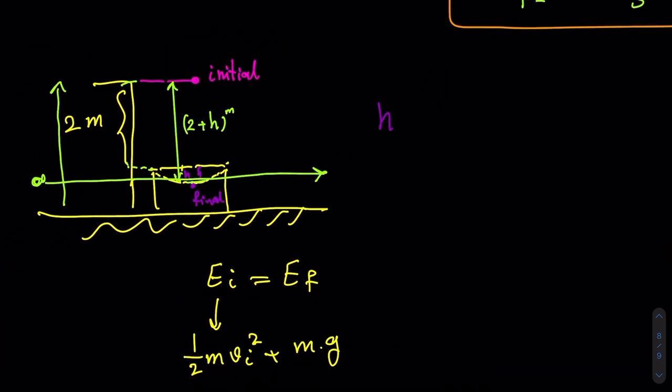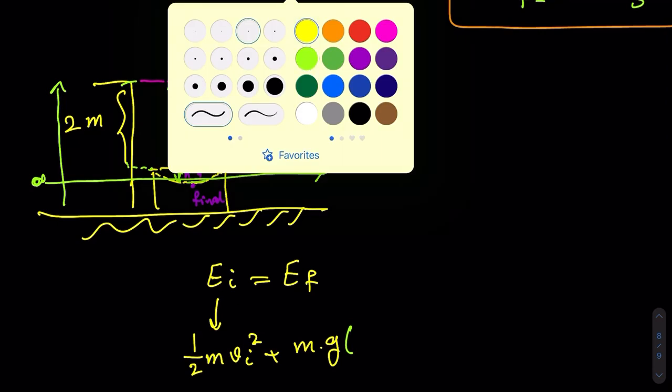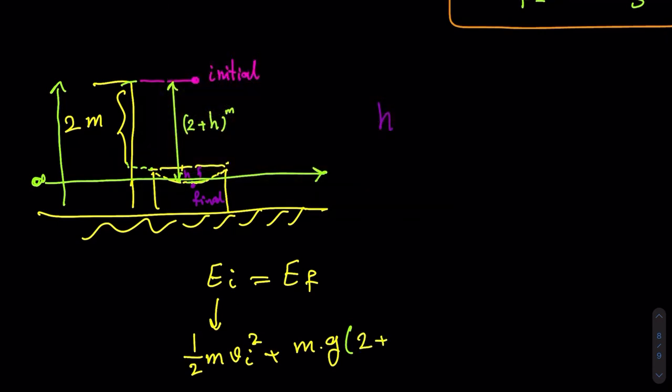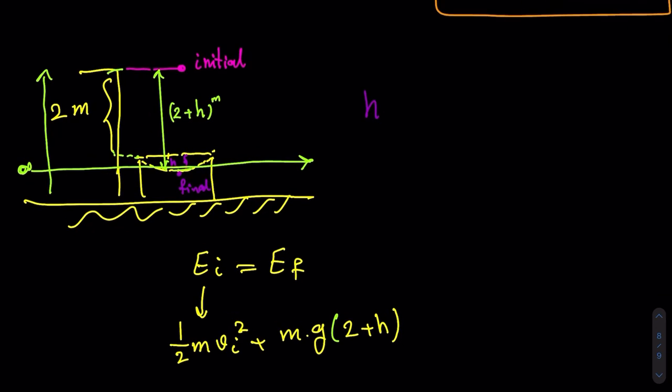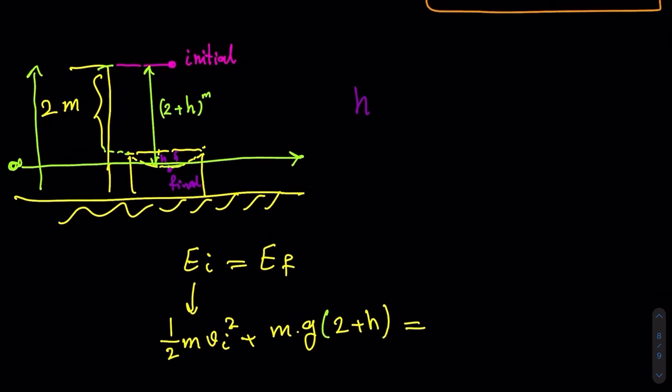And therefore we write 2 plus h, and then it is equal to... when the trampoline is compressed, what kind of energy do we have stored here? Actually, we have an elastic potential energy.